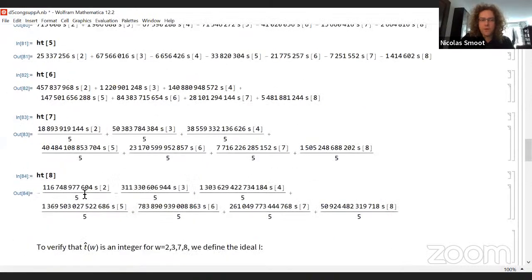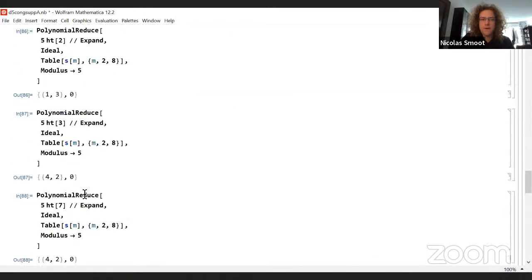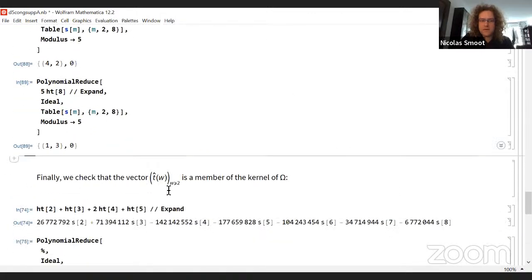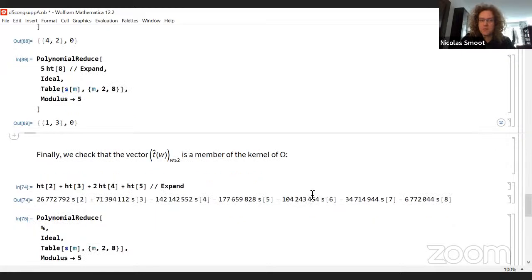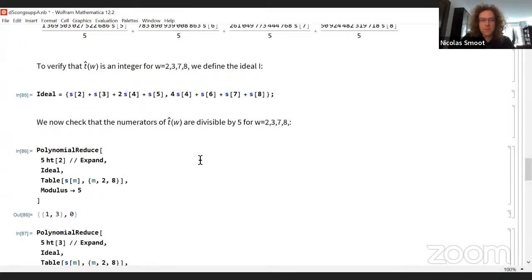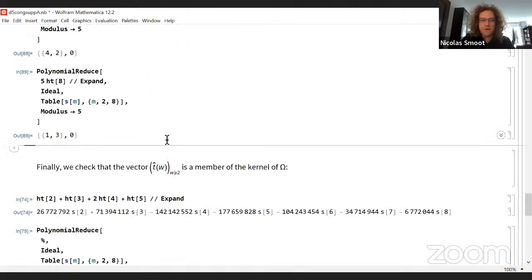Now we have to show that the vector TW, W from 2 to 8, is a member of the kernel. What does it mean to be a member of the kernel? Remember, for example, S2 plus S3 plus 2S4 plus S5 is 0 mod 5. So I'm going to show the same for T: T of 2 plus T of 3 plus 2T4 plus T5 is divisible by 5. How do we do that?